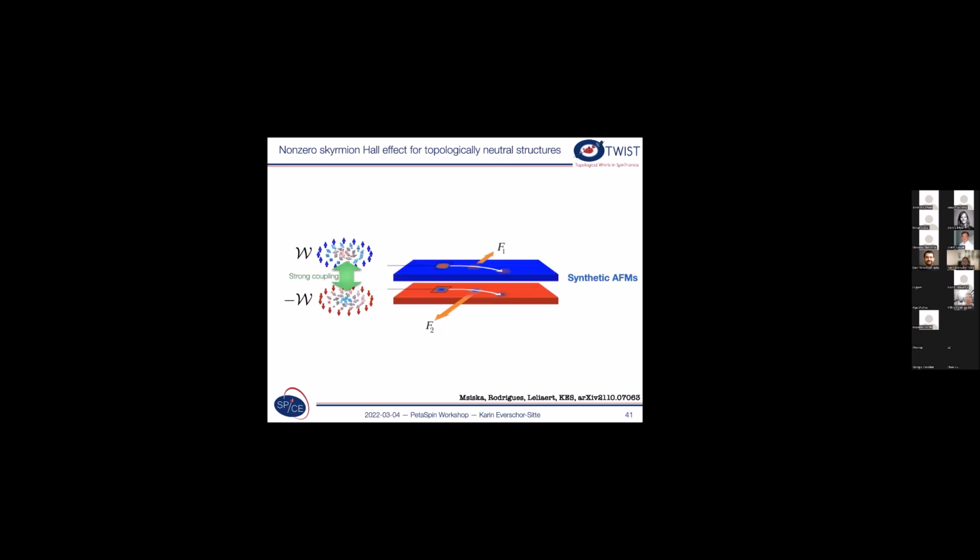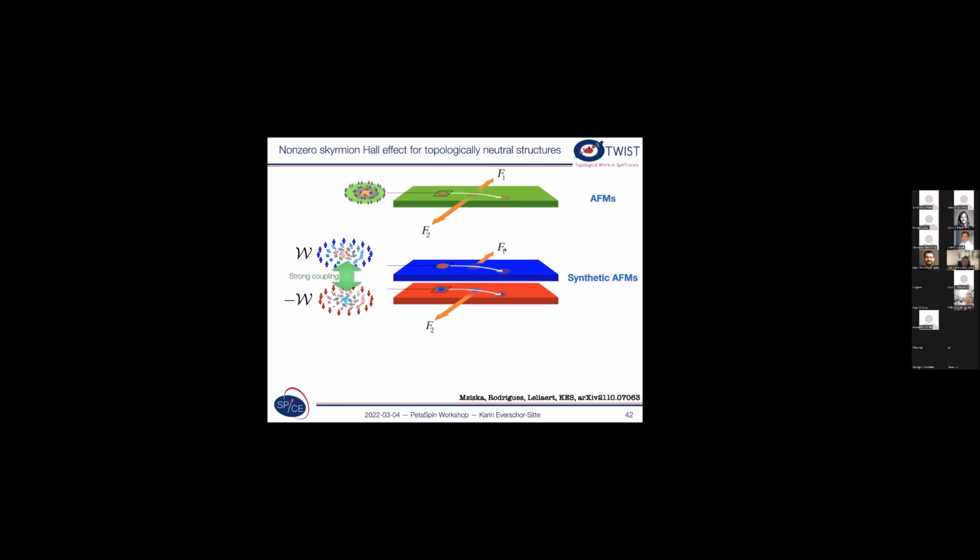So this strong coupling you can, as I mentioned before, obtain in three different ways. One is synthetic antiferromagnets. And here really the idea is that the force acting on the top Skyrmion is, for instance, smaller than the one acting on the bottom Skyrmion, and thereby you still get the Skyrmion Hall effect. You can do it for antiferromagnets, and the picture is just the same.